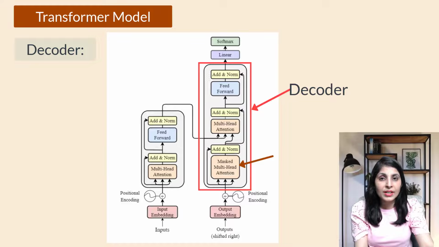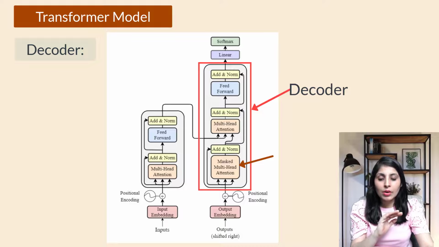Okay, see, we have self-attention, and in decoder we have another thing which is masked self-attention. Now what this masked self-attention does, in the decoder a special type of self-attention is there which is called masked attention. Okay, and this mask ensures that each word in the output sequence attends only to the words that come before it.